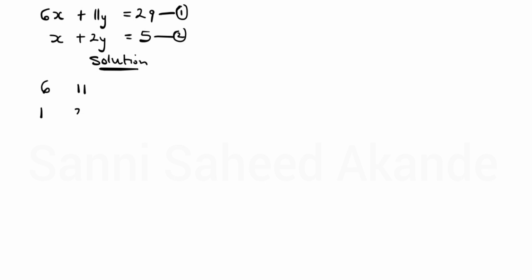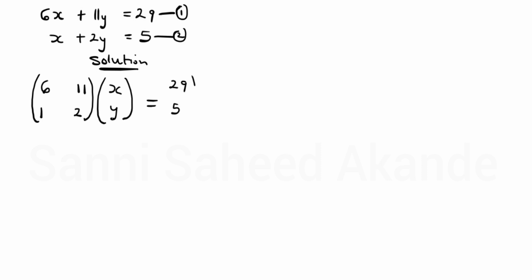Then I'm going to multiply this matrix by the variables. What are the variables we have in this simultaneous equation? We have x and y. Then equal to what I'm having at the other side of the equation, and we have 29 and 5.